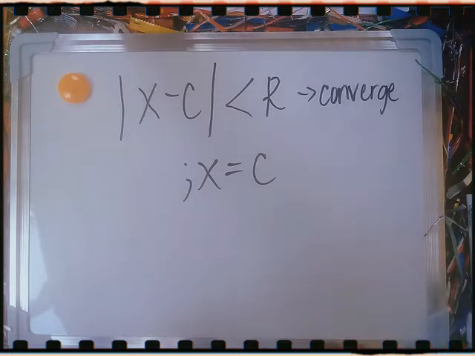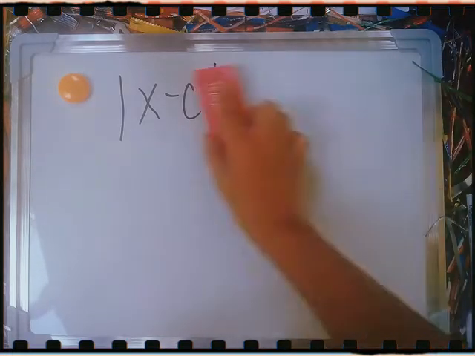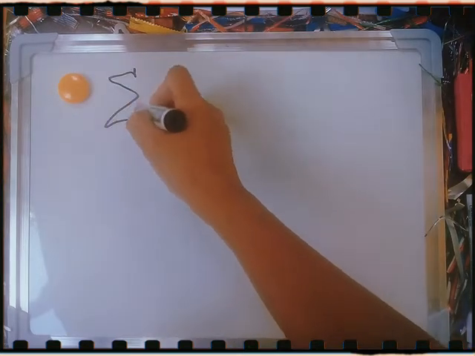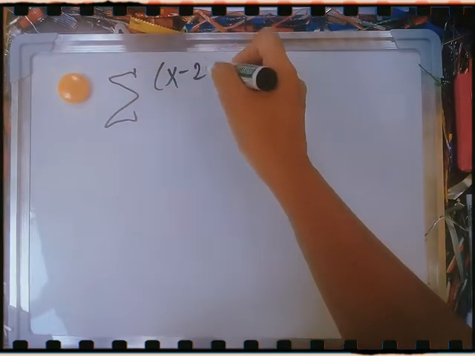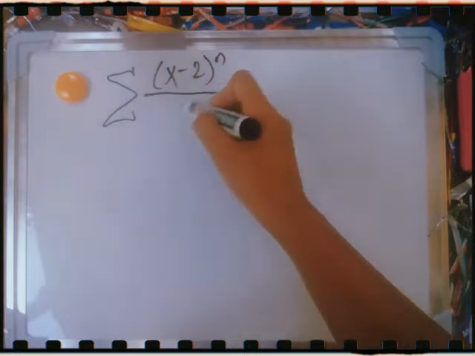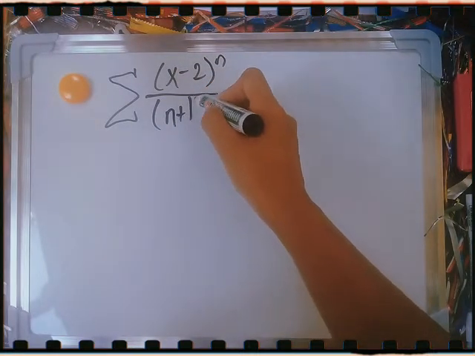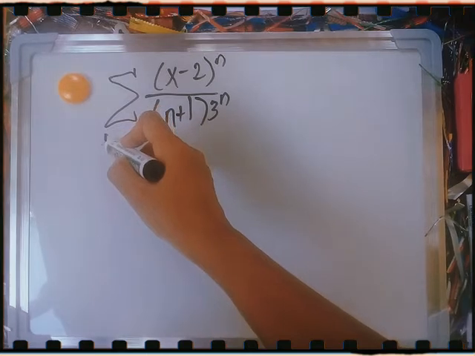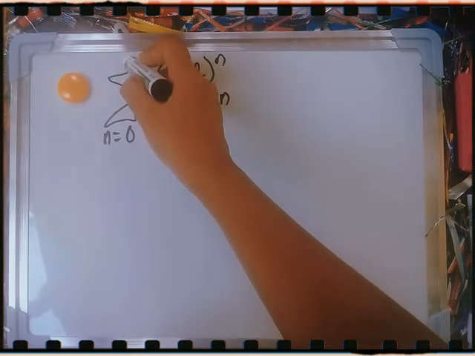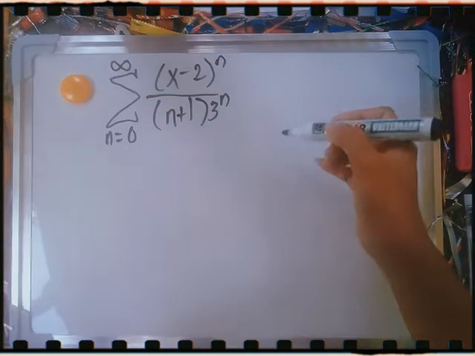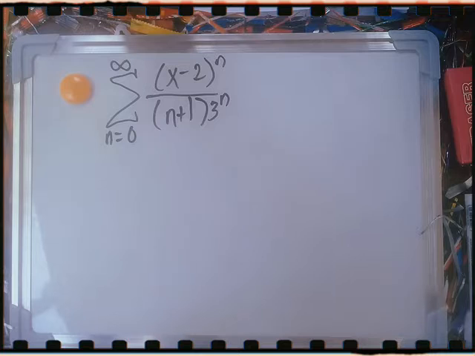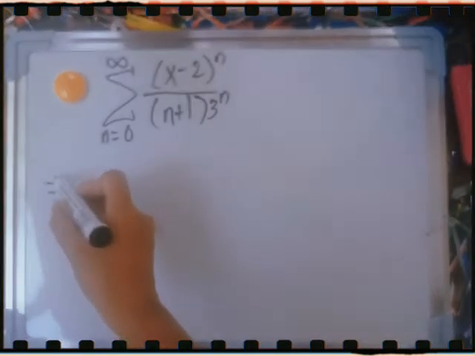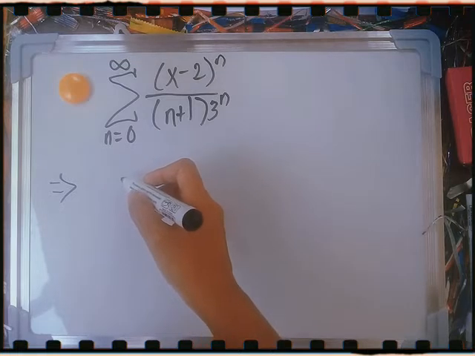So let's start with our first example. We have here the series of x minus 2 raised to n over n plus 1 times 3 raised to n, from n is equal to 0 to infinity. Dito ang gagamitin natin ay ratio test. So we have here the limit.